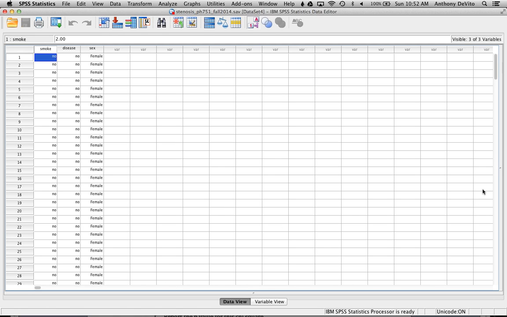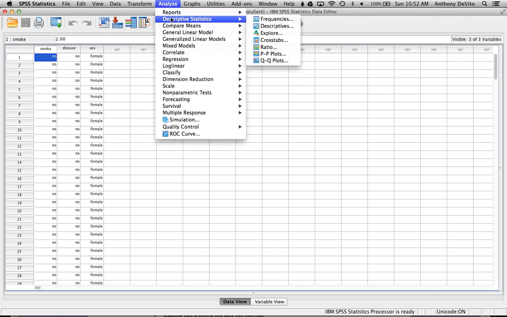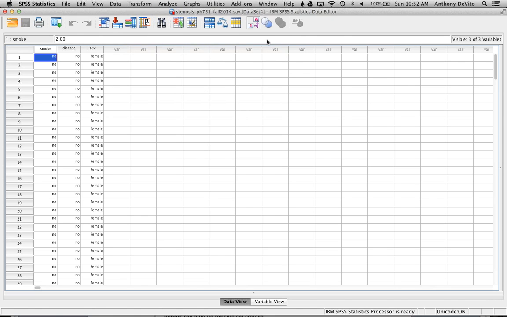So, I'm going to analyze. I'm going to go to descriptive statistics, and I'm going to go down to something called crosstabs. Crosstabs is basically this idea of organizing this data into tables, into what we call contingency tables or crosstabs.